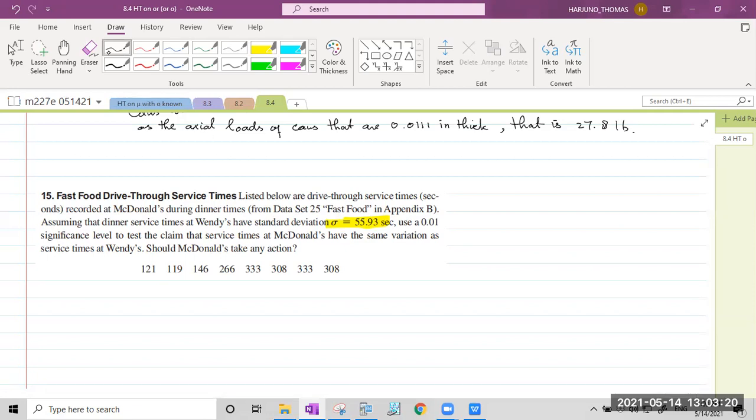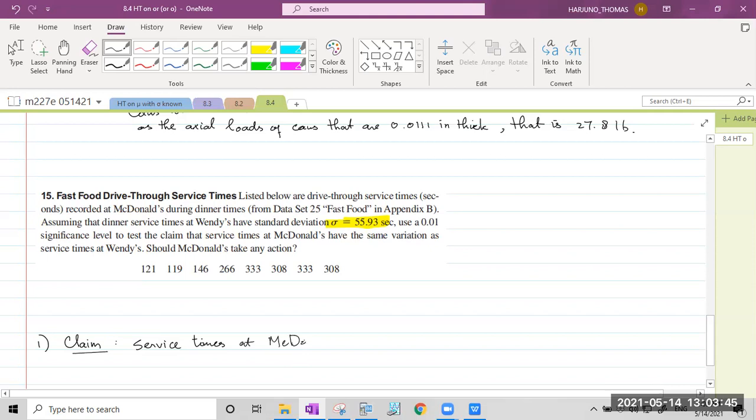Now, use a 1% significance level to test the claim that the service times at McDonald's have the same variation as service times at Wendy's.